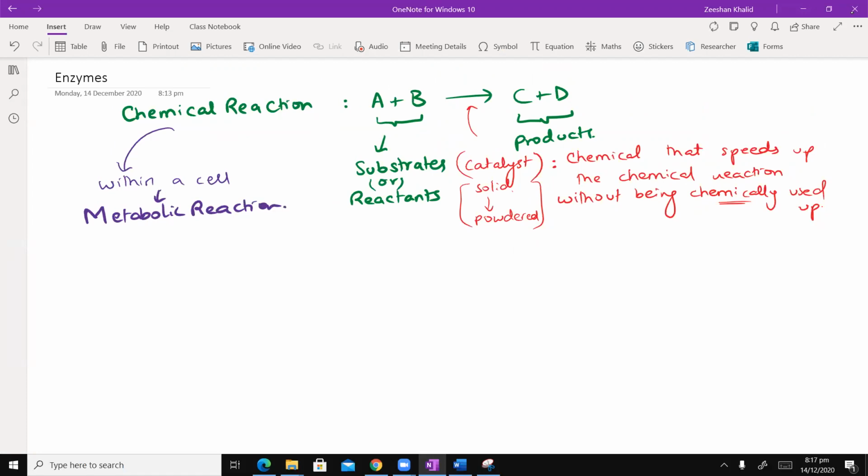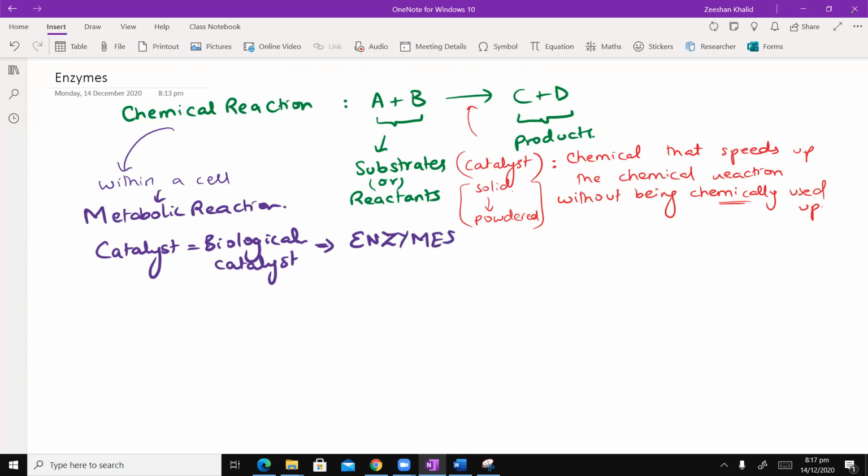And the catalyst that we use in the metabolic reaction will not be called a catalyst, लेकिन उसको हम क्या कहेंगे? उसको हम कहेंगे biological catalyst. Since it's happening within the cell, no? Bio means living. Since it's happening within the living cell, we say that it's a biological catalyst. And instead of writing such a big name, we call biological catalysts enzymes.